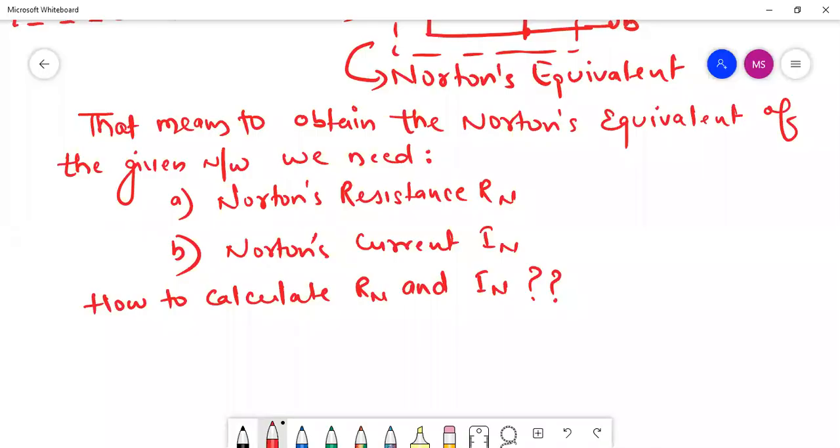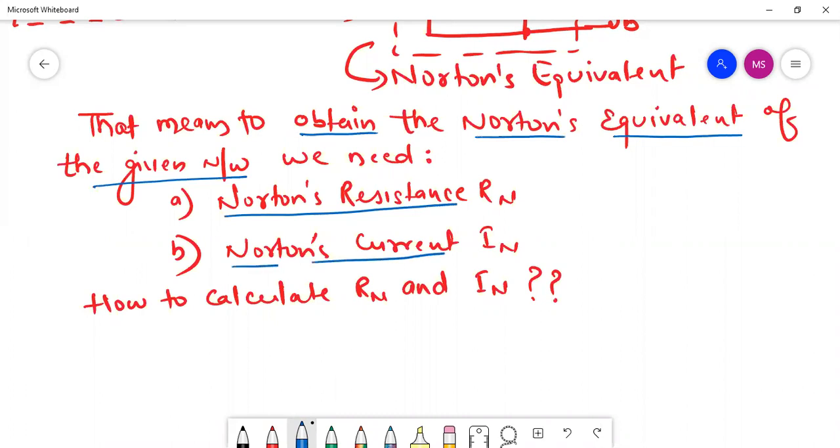From the statement of Norton's theorem, we understand that to obtain the Norton's equivalent of the given network, we need Norton's resistance and Norton's current.